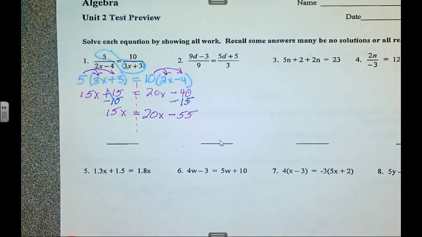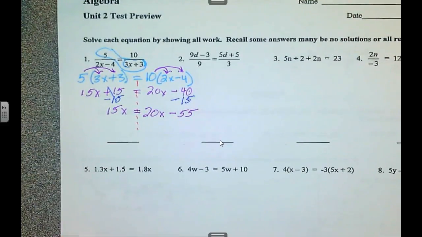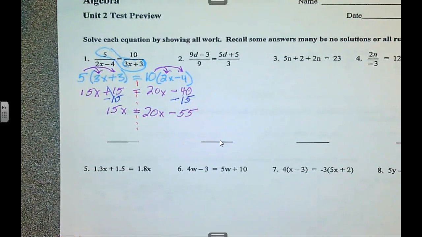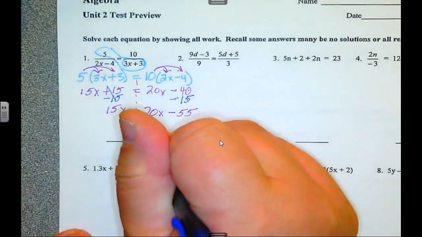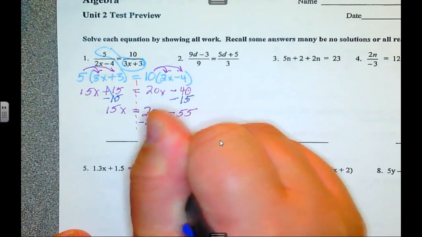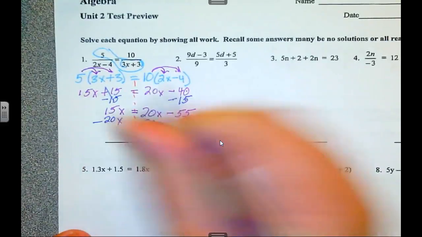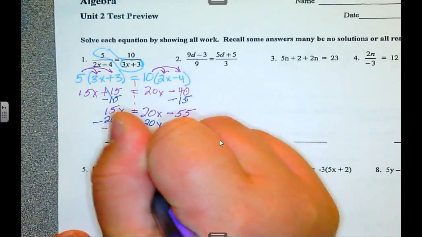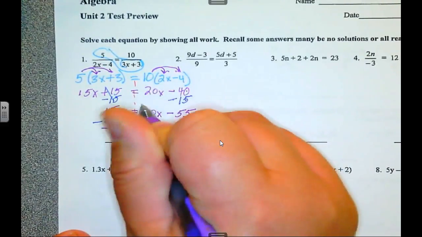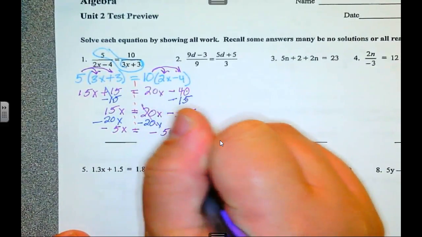So now what? Yep, subtract 20x from each side. Negative 5x equals negative 55.